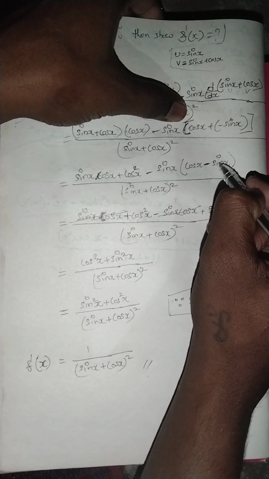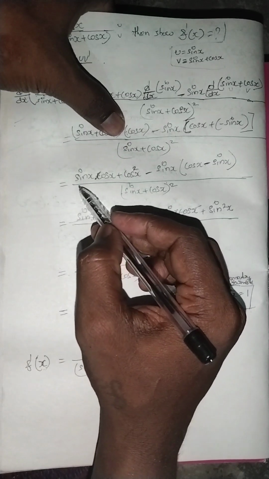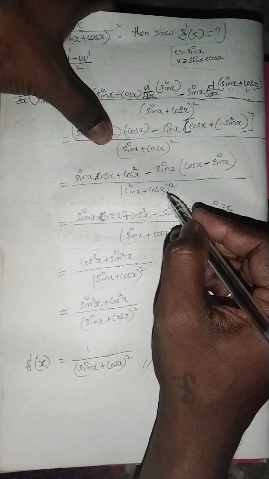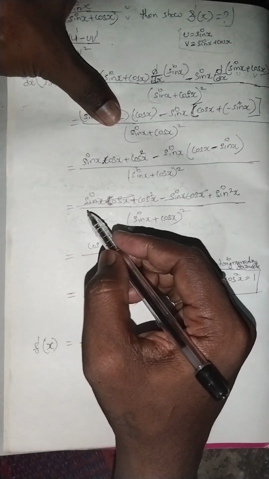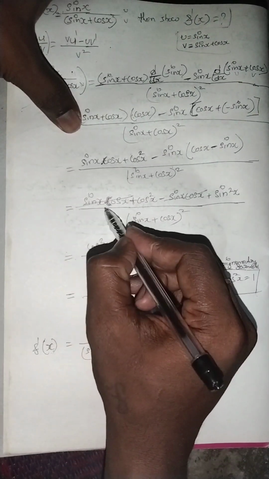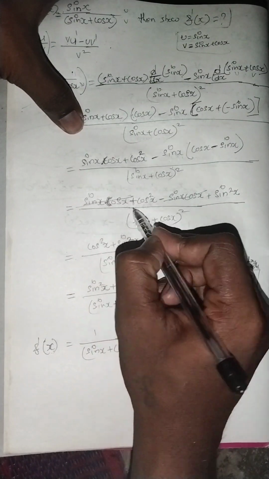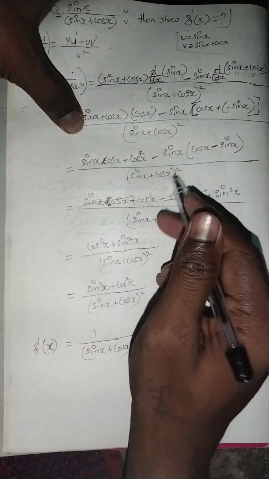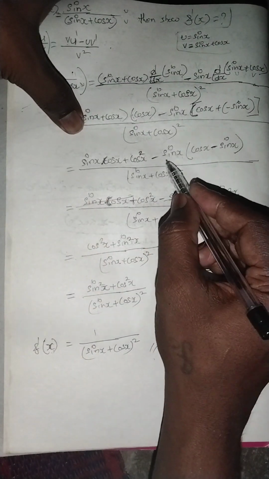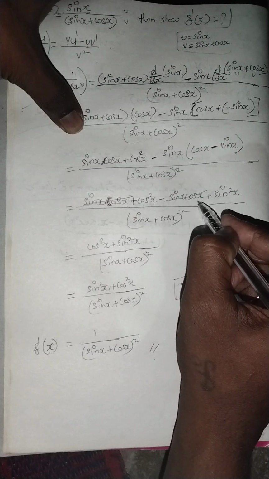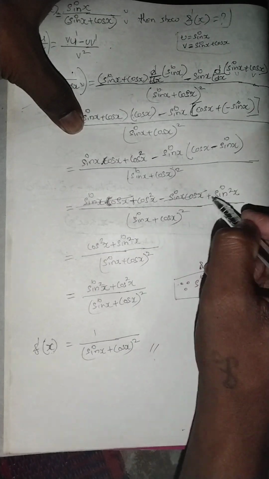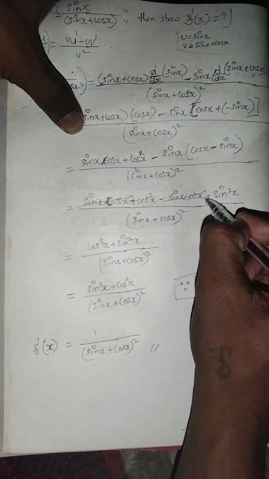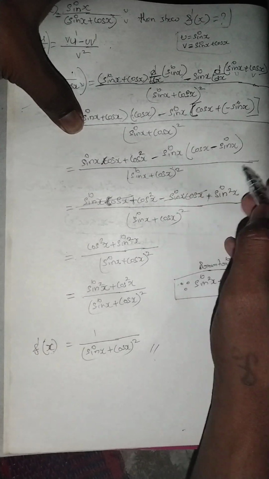Then I write down sin x by sin x plus cos x whole square, equal to sin x into cos x plus cos square x. I write down this same as minus sin x into cos x, sin x into cos x, plus, minus into plus, minus into minus plus sin square x.